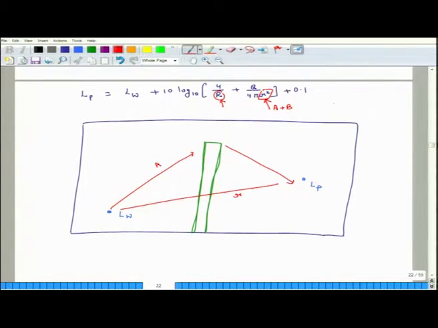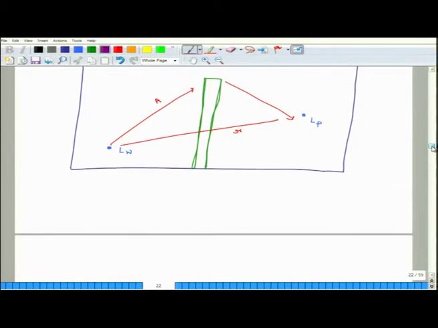And how much of it goes? Some of the sound is transmitted and that fraction is AT, and some of it is diffracted and that is AB. So, in the numerator I also introduce a new term, and that is AT plus AB.